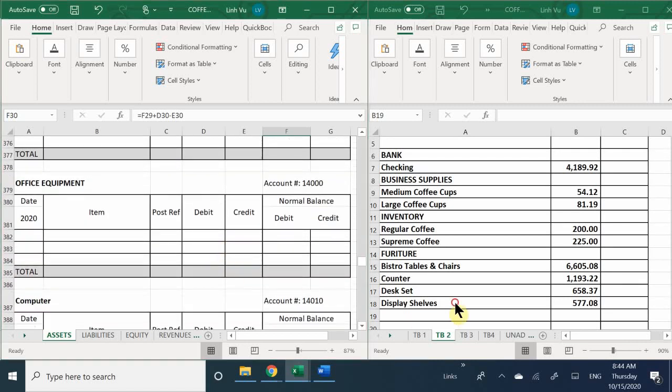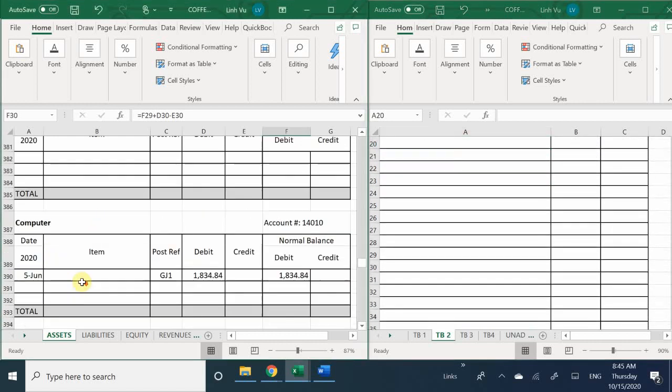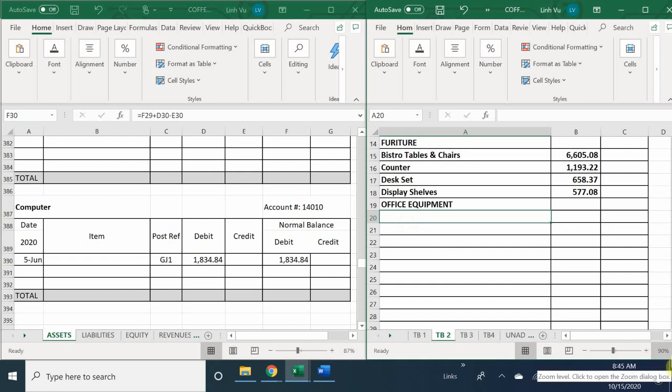Now the next thing we have is office equipment. I'm going to write office equipment, and indicate that I bought a computer. I also bought a printer, if you guys remember. The computer cost me a total of $1,834.84.